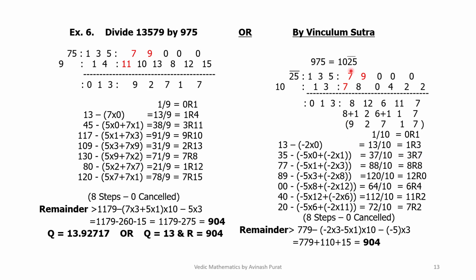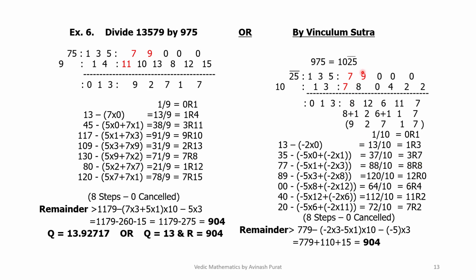So 77 minus (bar 5 into 1 plus bar 2 into 3), that is 5 plus 6, 11. So 77 plus 11 becomes 88. 88 divided by 10 is 8 and remainder 8.